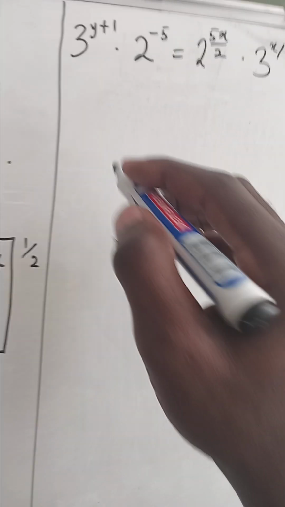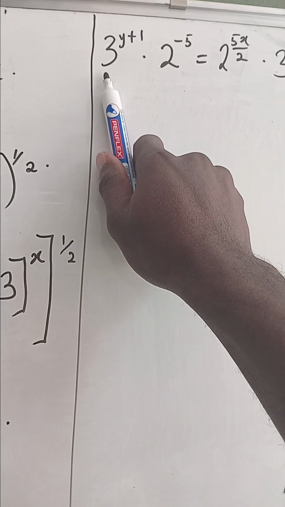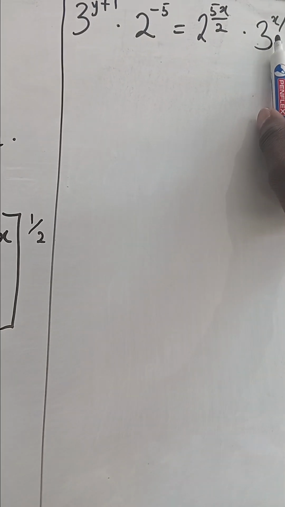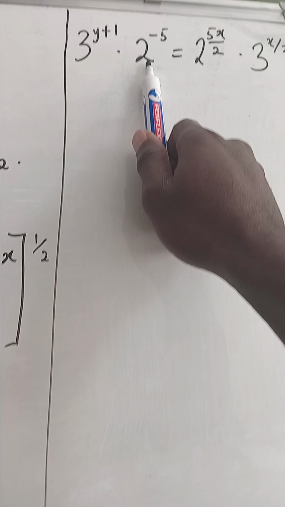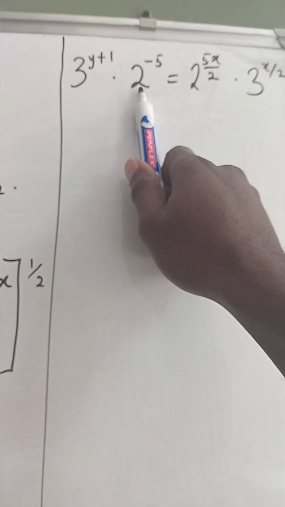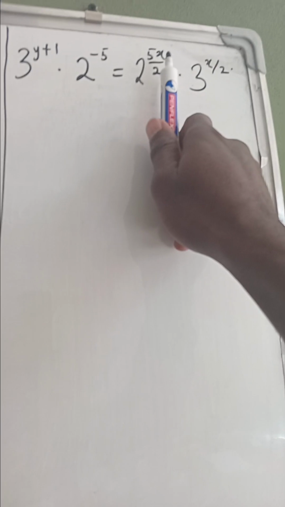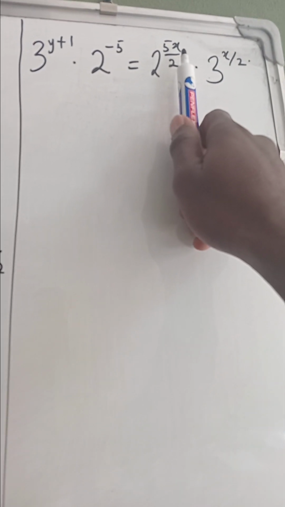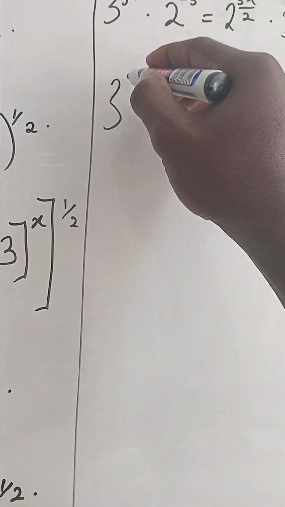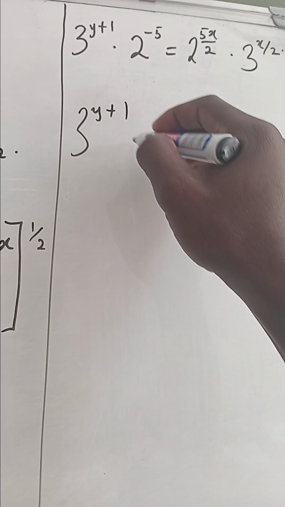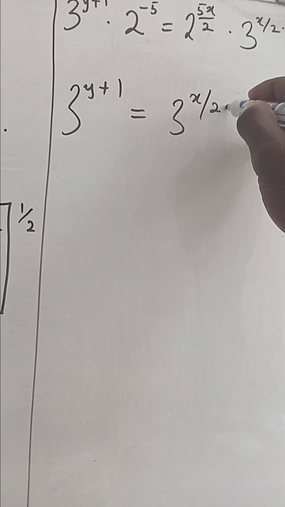Now, from this, you can see on the left-hand side, I have 3 to the power of this, and on the right I have 3 to the power of x over 2. Likewise, on the left-hand side, I have 2 to the power of minus 5, which is equal to 2 to the power of 5x over 2. So for this reason, I can equate 3 raised to the power of y plus 1 to be equal to 3 raised to the power of x over 2.